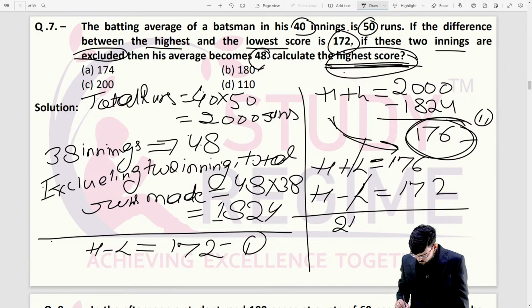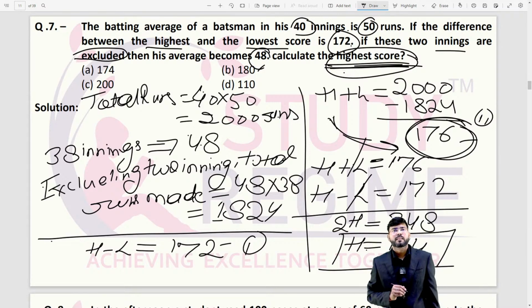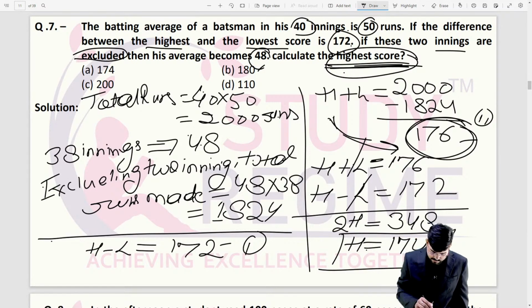I will get 2H as 348, after adding 176 and 172. Now I will divide by 2, and I will get 174. Got it? So your answer will be 174.